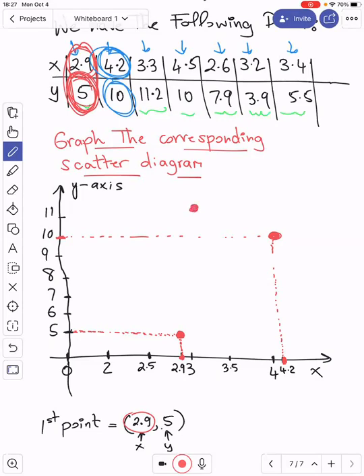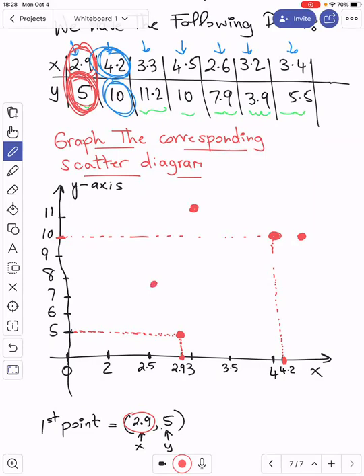Next, we have 4.5 and 10. So it's probably somewhere right here.